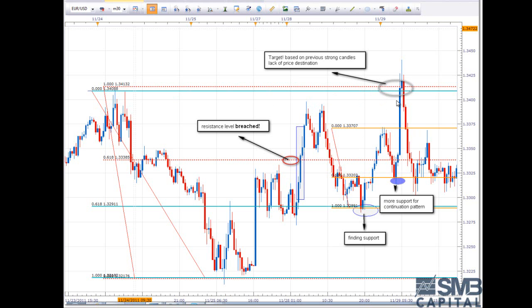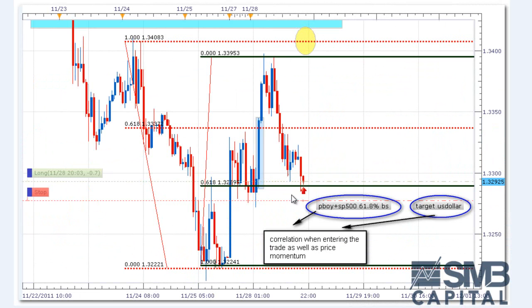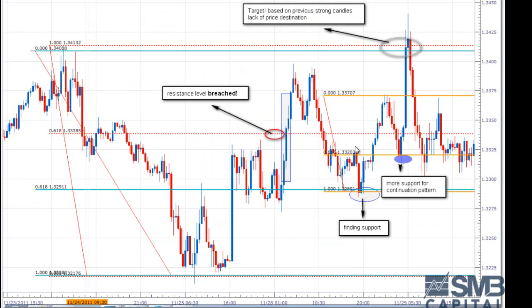This is basically a dip from the previous strong candles that did not quite get to the resistance level they were supposed to reach to begin with. So, in other words, a tight stop loss of about 20 pips at the beginning of the trade, and then finally looking for targets over 1.34, which is about 100 pips in this trade.